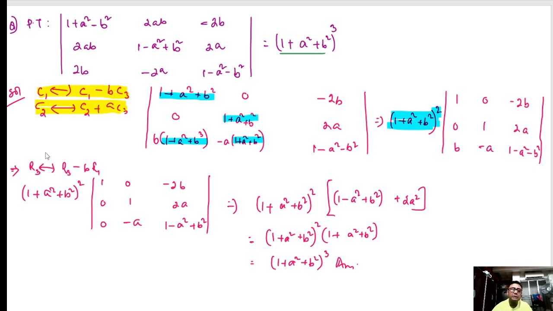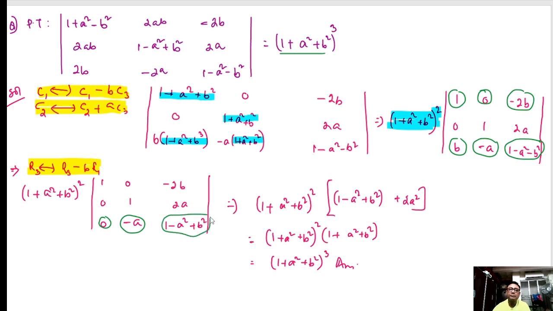Now applying the operation, R3 minus B times R1. R3 minus B times R1 will give me 0, and put it in R3. Similarly, this minus B times this will give me this.